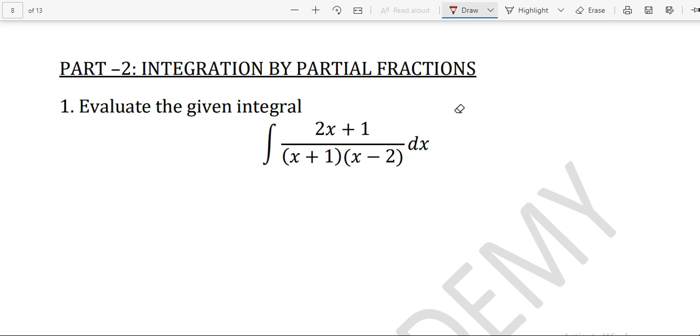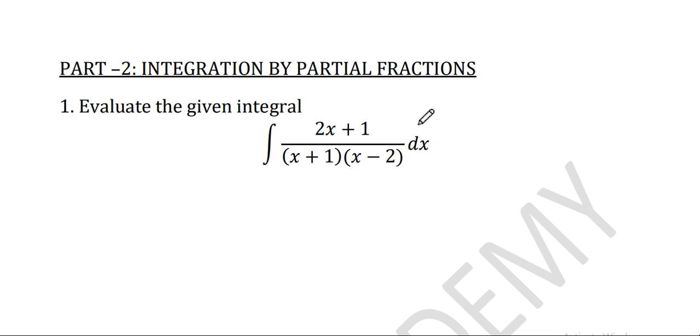Let us take the first problem. Here I would like to say that it is not necessary to use integration by partial fractions. A few of the sums which are easy to solve, you can solve by observation.